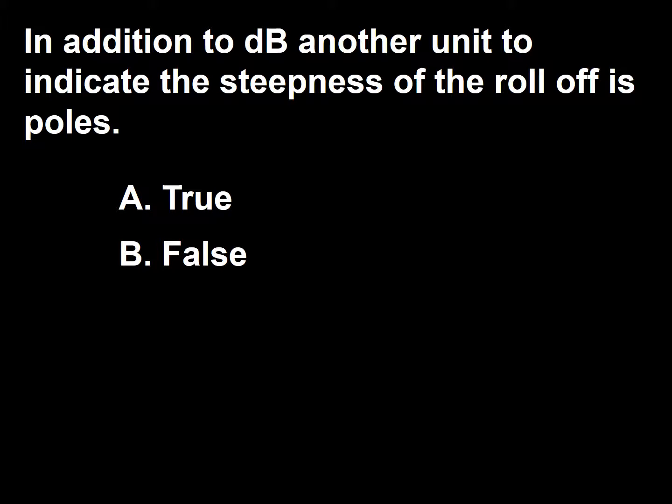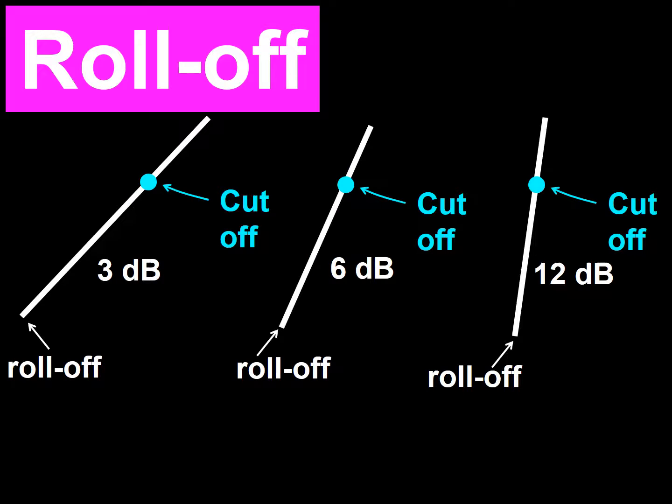Next question. In addition to dB, another unit to indicate the steepness of a roll-off is poles. A true, B false. The term we have so far used to refer to the filtering of frequencies neighboring the cutoff point has been roll-off.